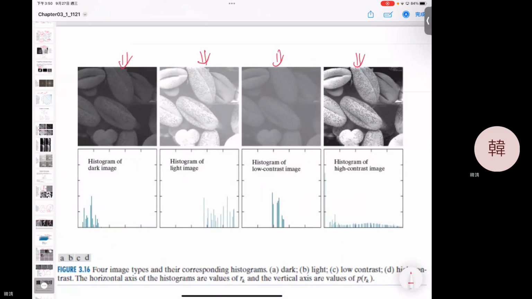For the dark image, most of the image levels are here, 0 to L. It's a low level here. For the brightened image, the gray level distribution should be focused on the higher levels.